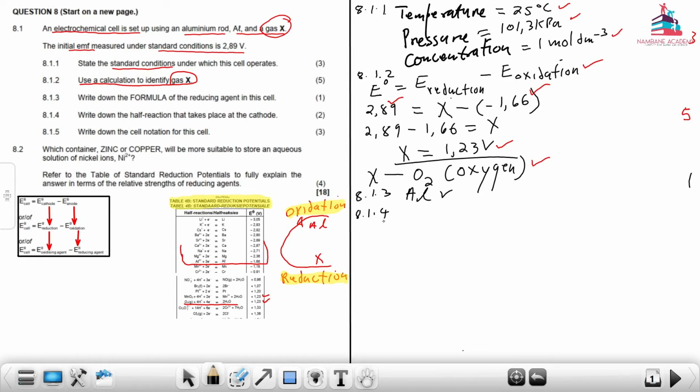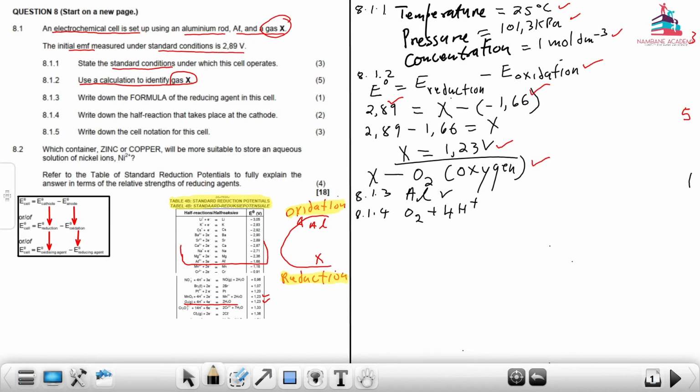So at 8.14, write down the half reaction that takes place at the cathode. That one is easy because we have identified that oxygen is the gas X that has been used.